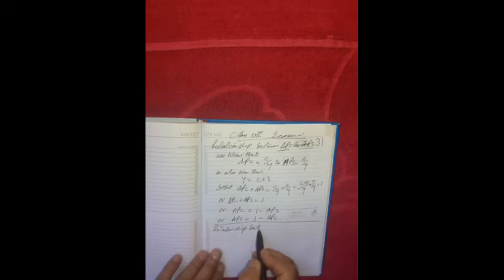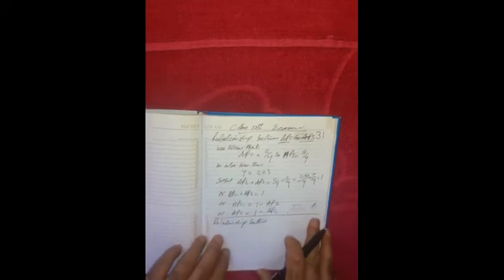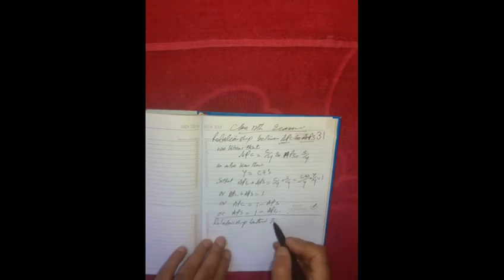Now, relationship between MPC and MPS, marginal propensity to consume and marginal propensity to save.